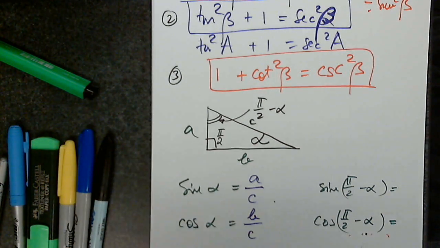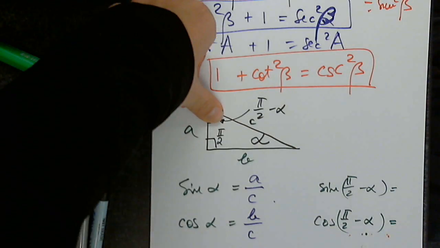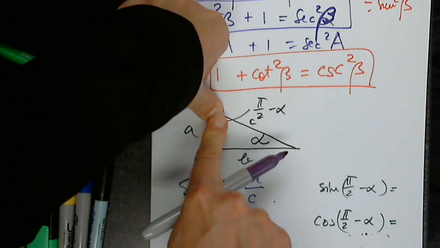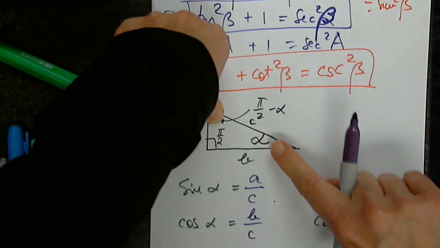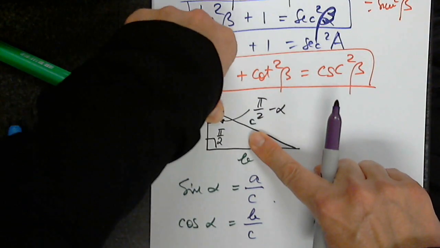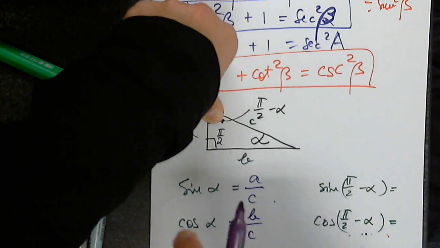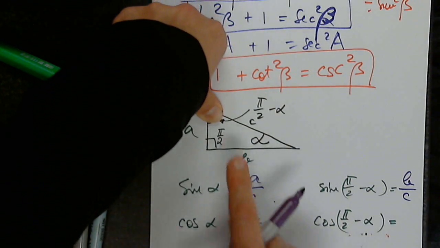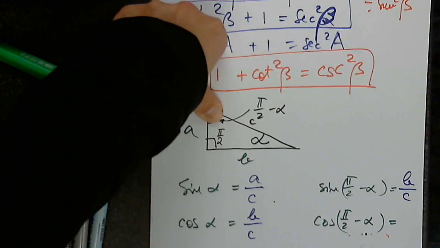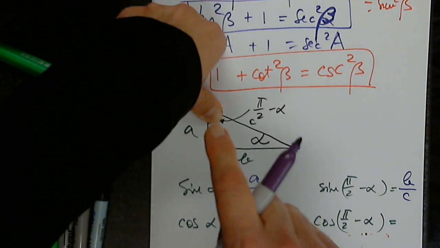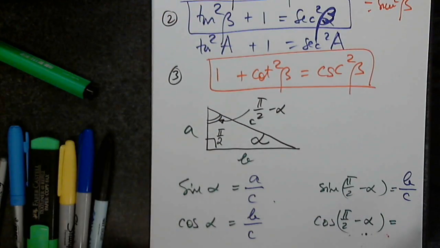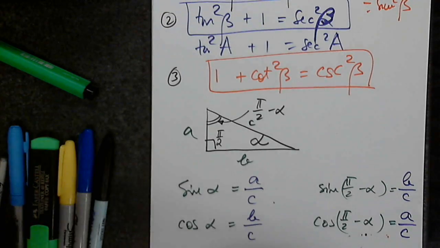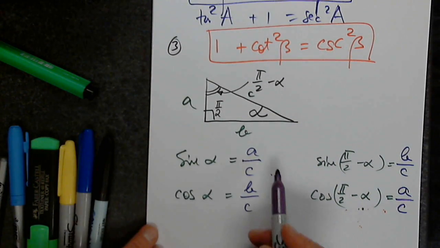Now I'm looking at a totally different angle. I'm looking at this angle, and I would like to determine the sine and cosine for this angle. Disregard alpha. I don't care for alpha right now. I want to find sine of this angle. Do you all agree with B over C? Opposite over the hypotenuse. Now I want cosine of the same angle. Good.